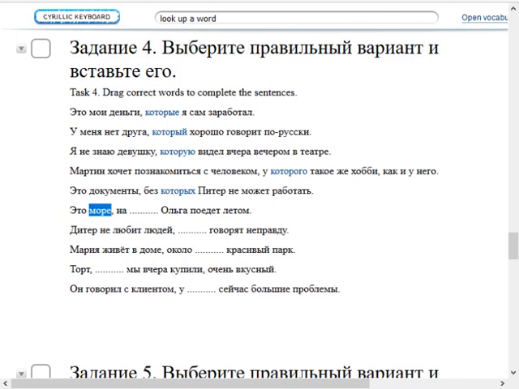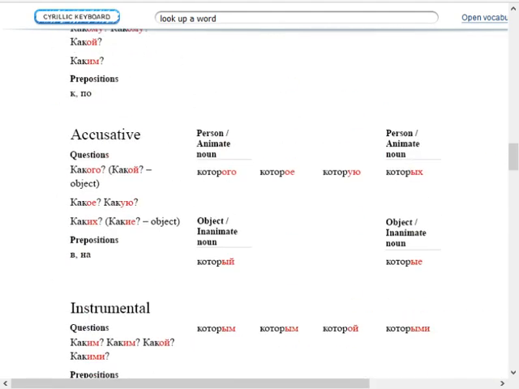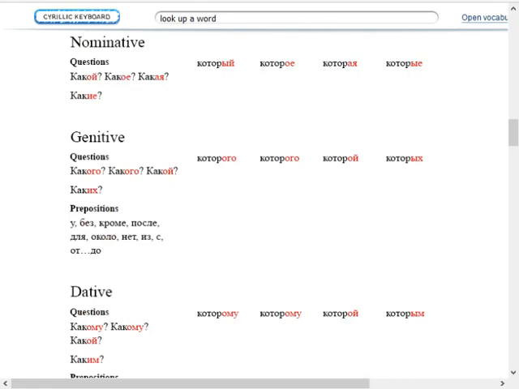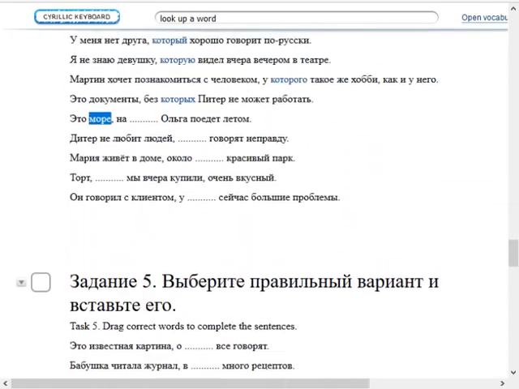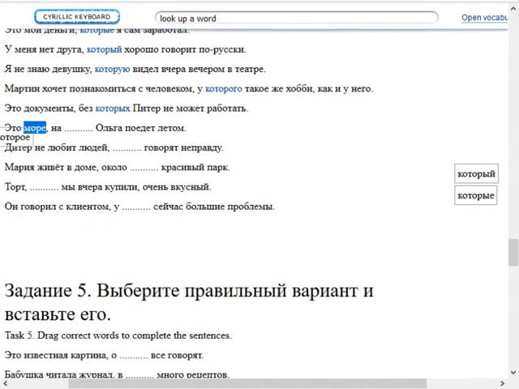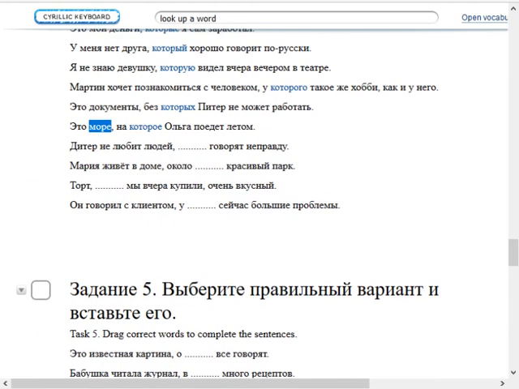And море should be neuter. So we've got neuter accusative, if I'm getting that right. Которое. Is that correct? Let me just quickly check that. I just want to make sure. Это море на которое. Yeah, that is correct. Okay, so море is neuter, and it's saying that Olga will go onto the sea.